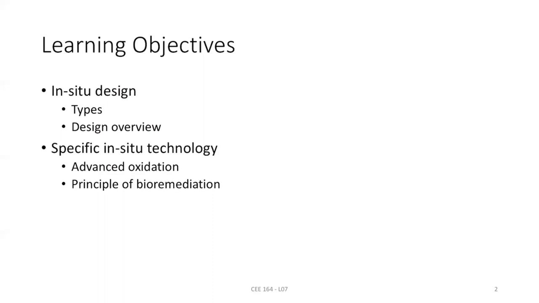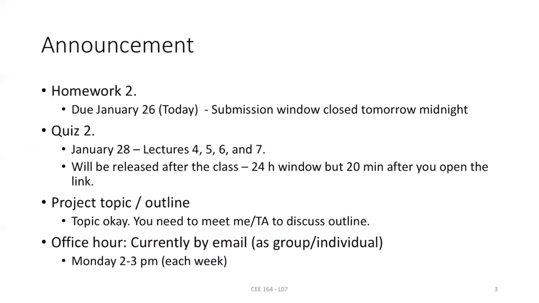You have equations, you know the moles of pollutants there, and they can be treated by moles of oxidants, which is permanganate. What you're going to learn in this class is the concept and how to decide which oxidant to use.